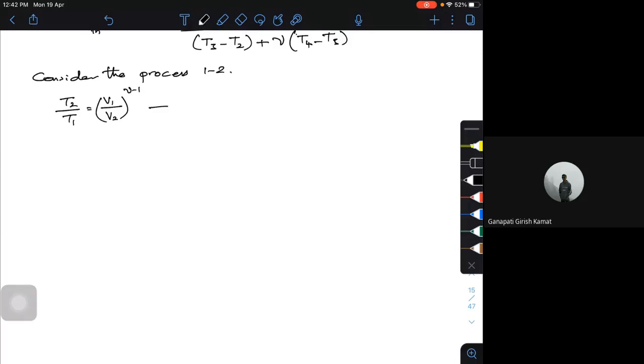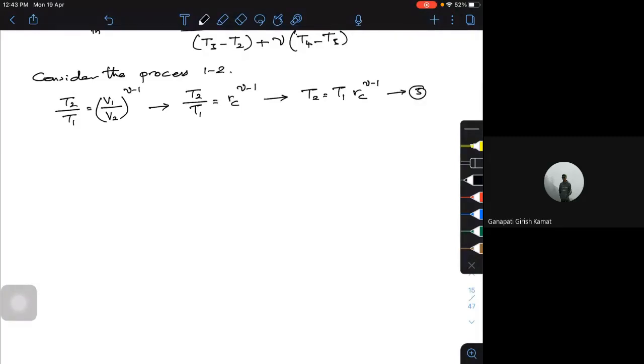V1 by V2 is the compression ratio, Rc, so T2 by T1 is equal to Rc to the power of gamma minus 1, or T2 is equal to T1 Rc to the power of gamma minus 1. Let me call this equation number 3.